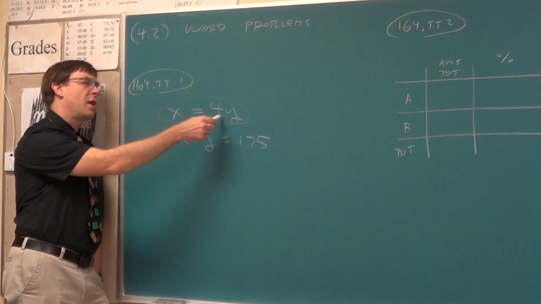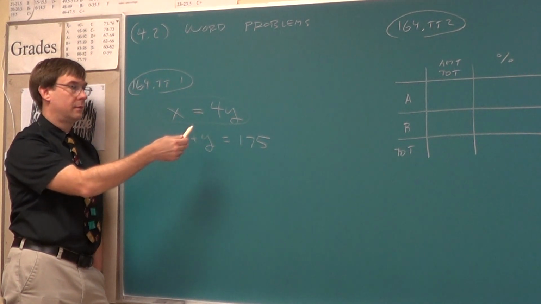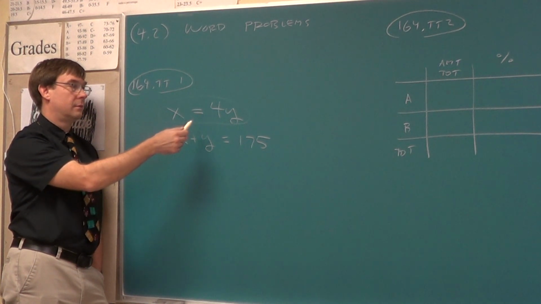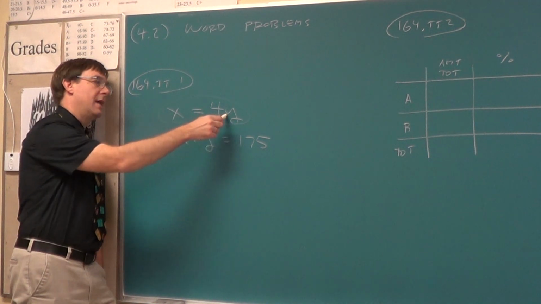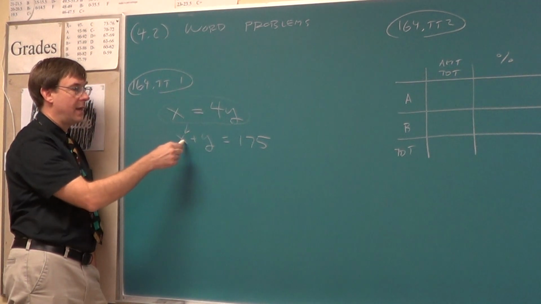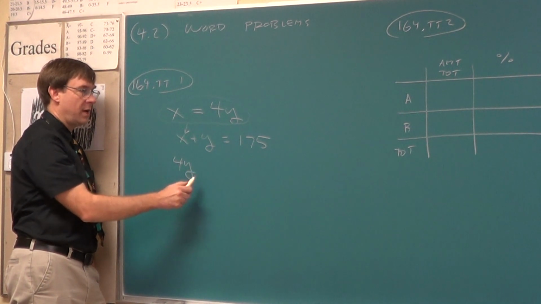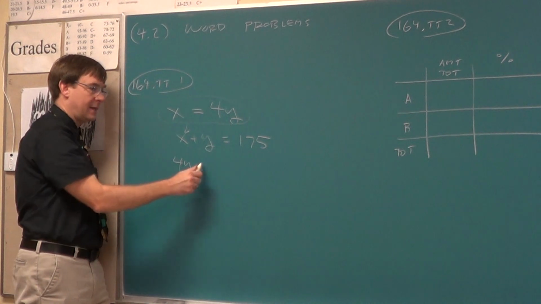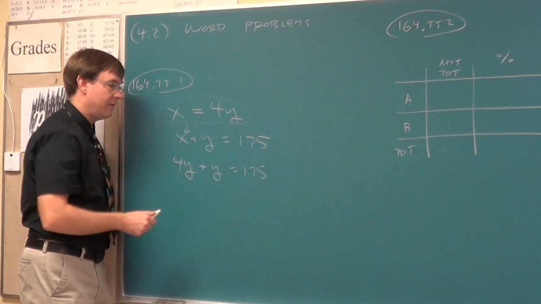But substitution works: get the one letter alone, and then where do you put it? In for the x in the other one. Since x equals this, we'll take this and put it into the other equation where x sits. So x gets replaced by 4y because this tells us that's fair. Still plus a y, still equals 175.